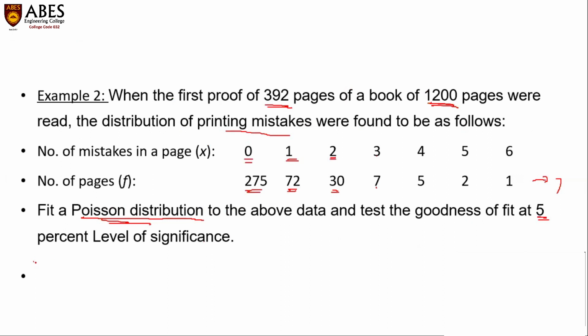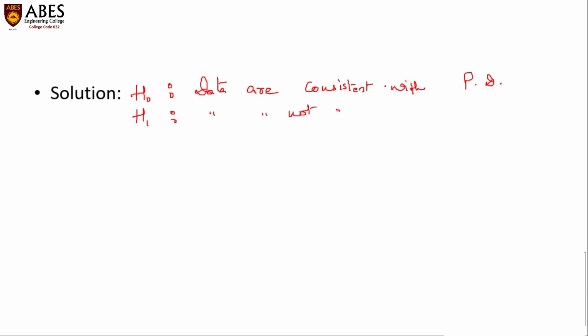So for this purpose, first we have to apply Poisson distribution. We have to verify Poisson distribution. So first we declare the null hypothesis, that is, data are consistent with Poisson distribution, whereas H1 will be against H0, that is, data are not consistent with Poisson distribution.